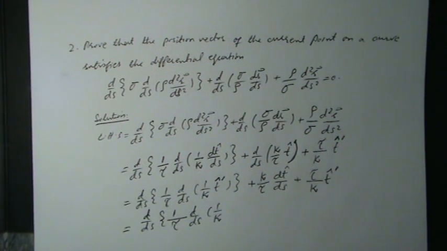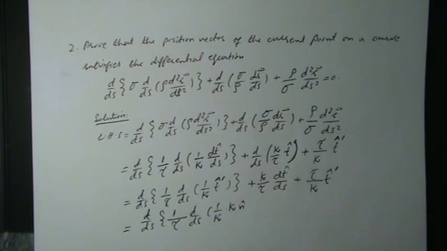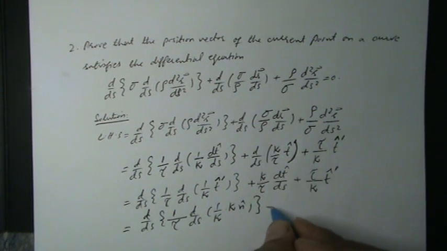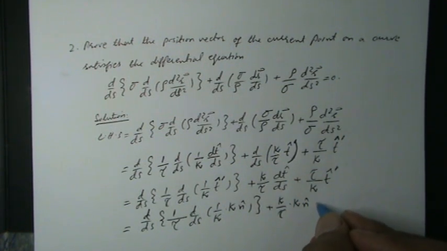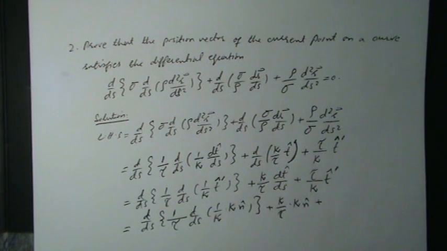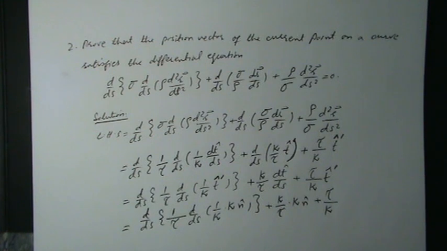T dash is equal to kappa n, plus kappa over tau, this is kappa n, plus tau over kappa.